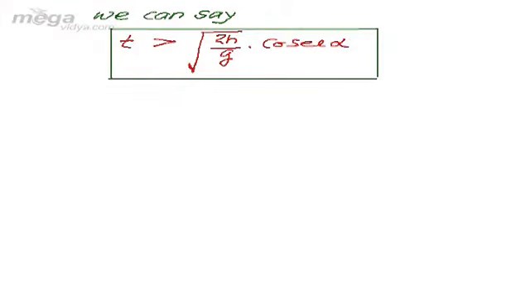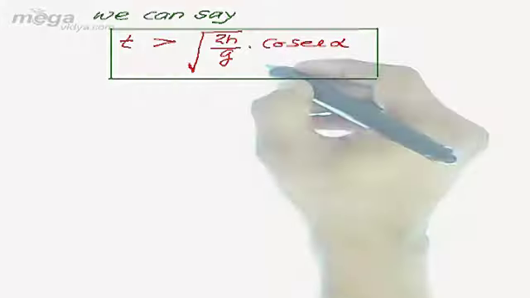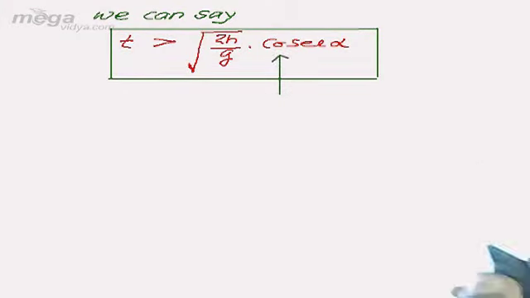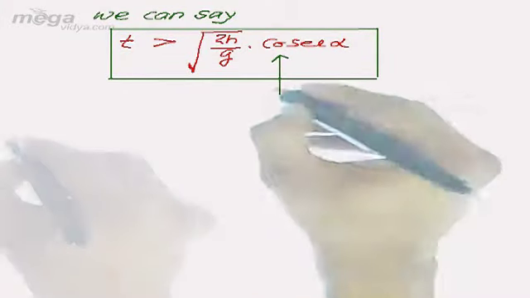So from this relation, which we have got from analyzing the time taken by the particle to slide down along the groove, it is greater than this time, which is root of 2h by g times cosec alpha, the time taken by the particle along the line of greatest slope.